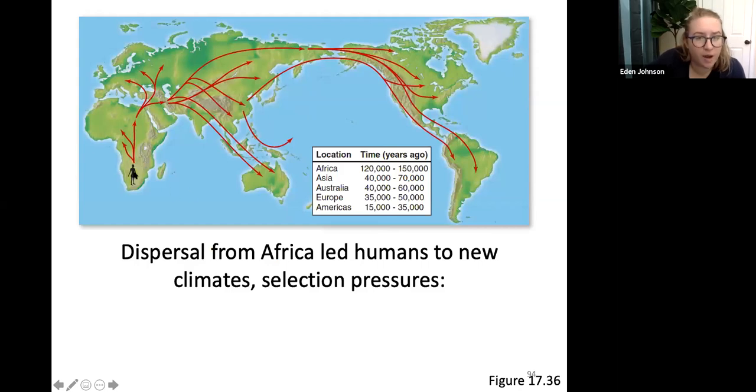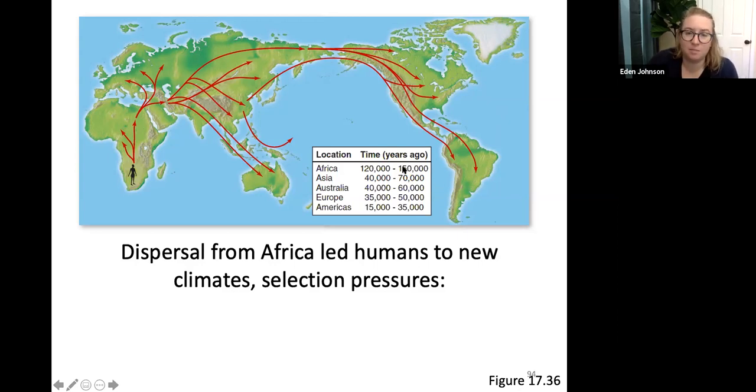Here's your dispersal from Africa. So you've got ancestral humans in Africa migrating into Europe, migrating into Asia, migrating down to Australia, over this land bridge into Alaska, Canada, North America, the US, then down through Central America into South America.